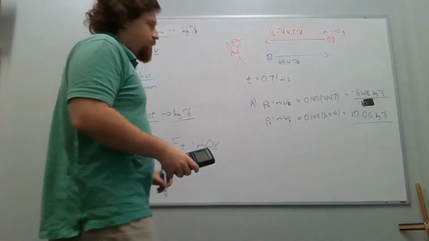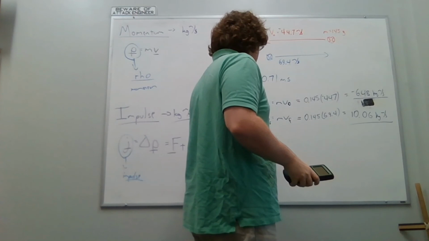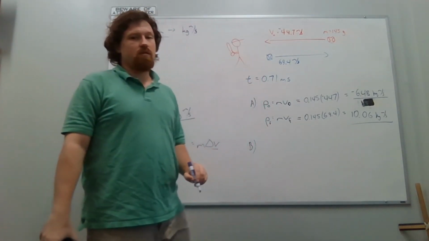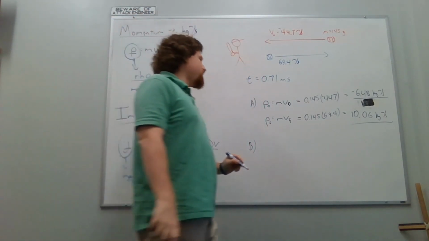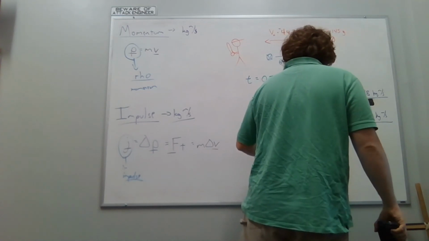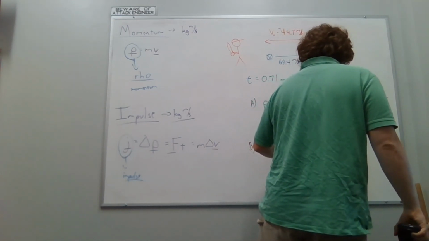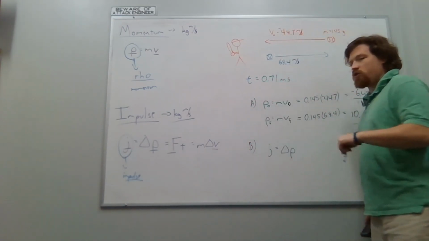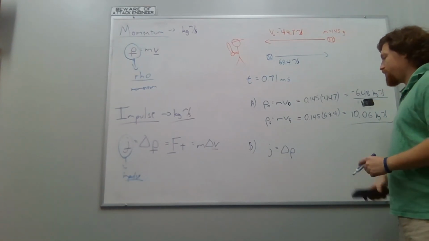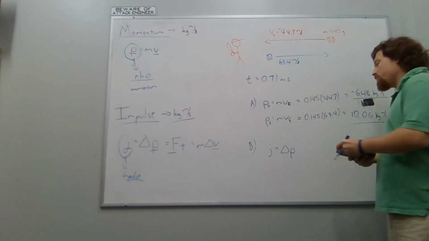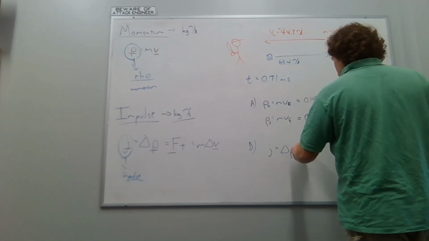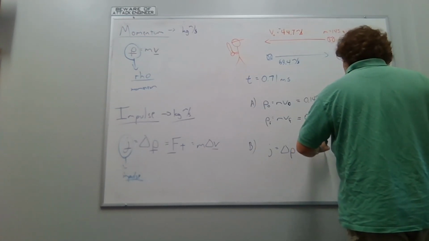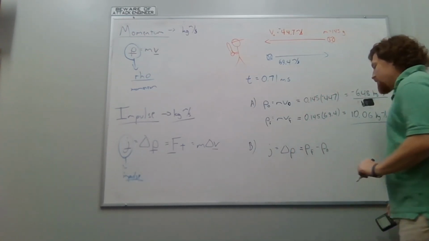Next question. What is the ball's impulse? Impulse is defined as the change in momentum. Again, this delta symbol here, the triangle, means change in. That's what it represents. So, the change in momentum, we want to subtract the final momentum minus the initial momentum.